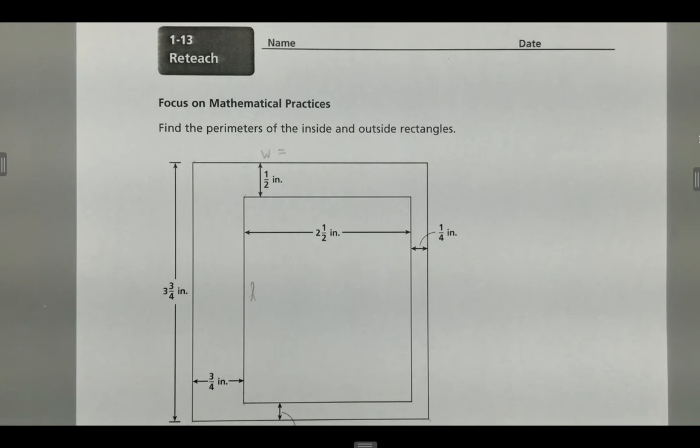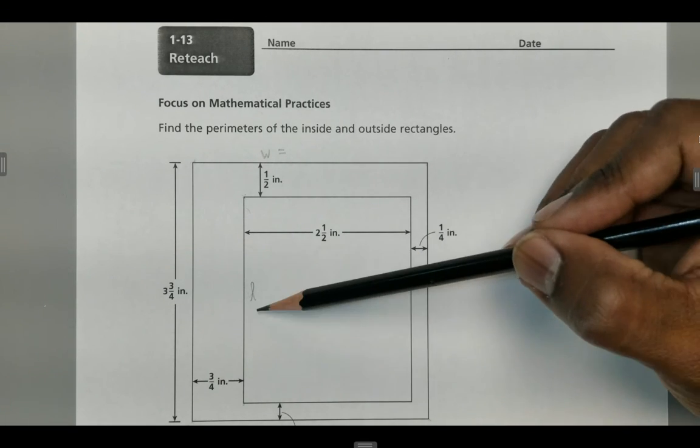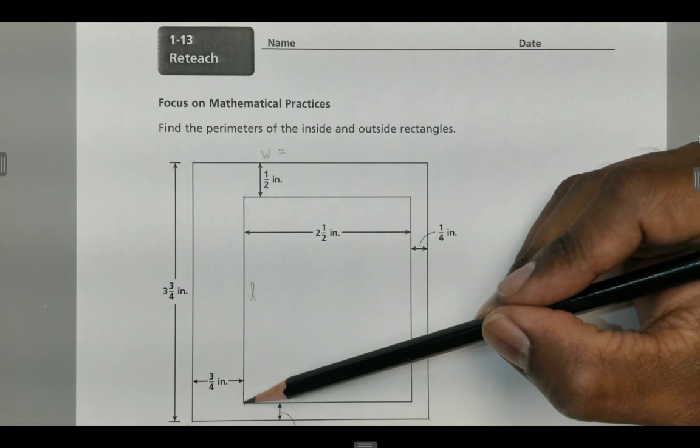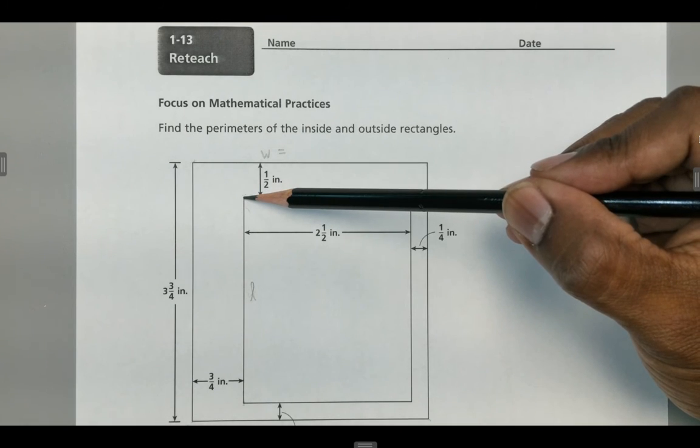Now looking at the inside rectangle, the width has been given to us, the measurement from this point to this point. The length is not. So for the inside rectangle, if I'm trying to solve for L, which would represent the measurement from here to here, I can think about this in terms of adding first.